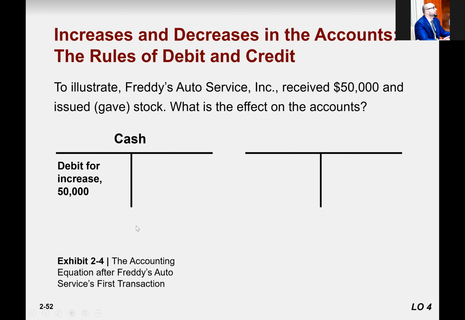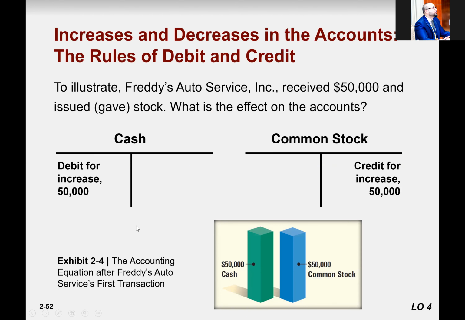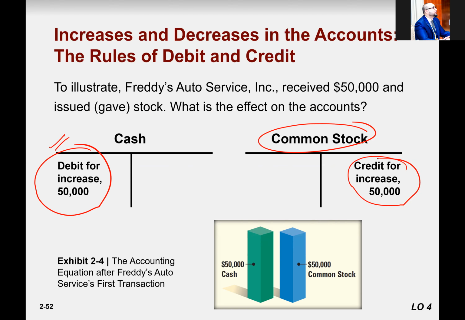So cash and marketable security, see? Cash belongs to assets. Anything that increases the assets, we should write it on debit side. Common stock belongs to owner's equity. Owner's equity increase means credit. So you write it down on the right hand side, which is credit.